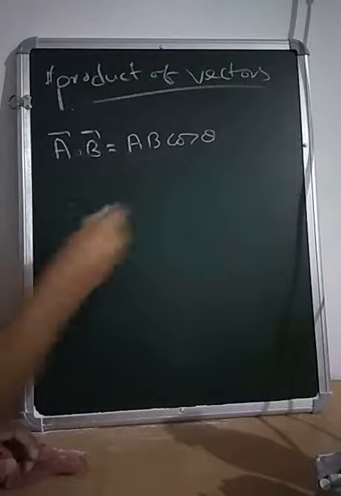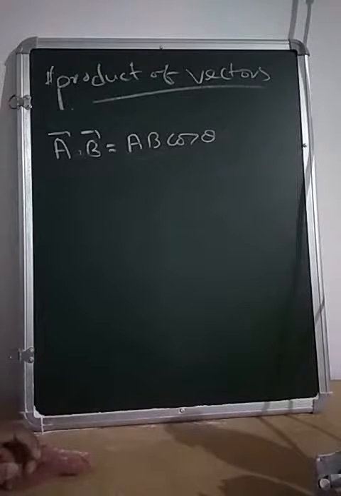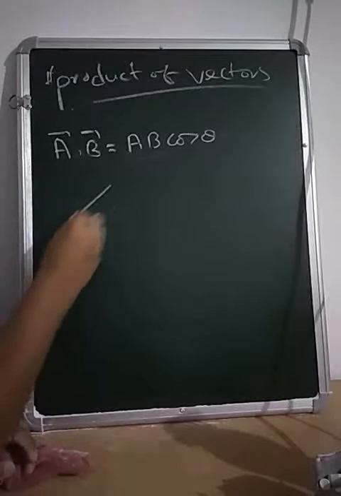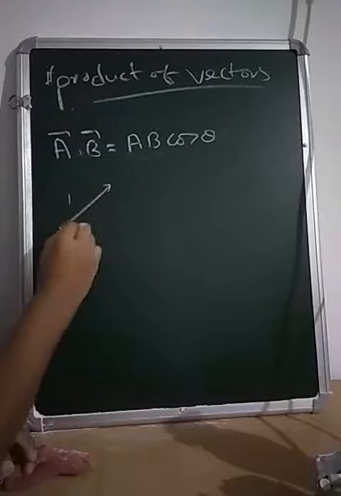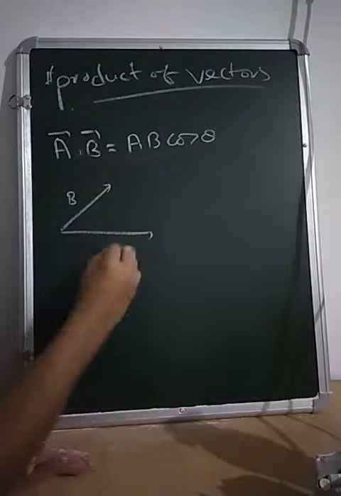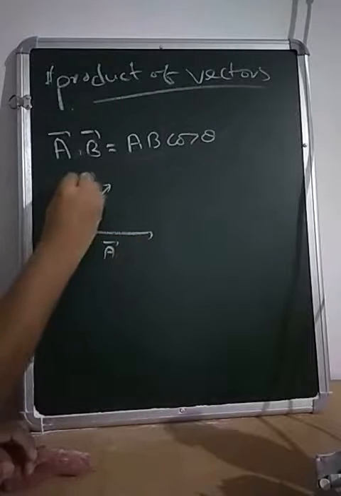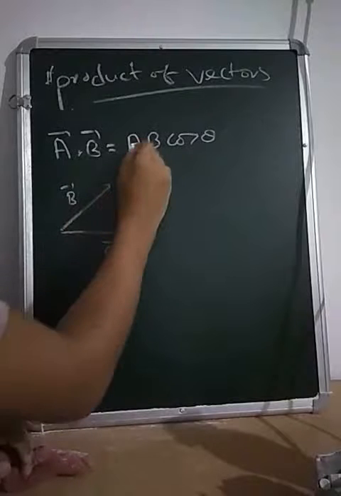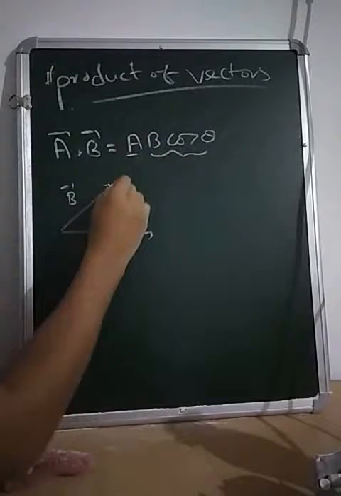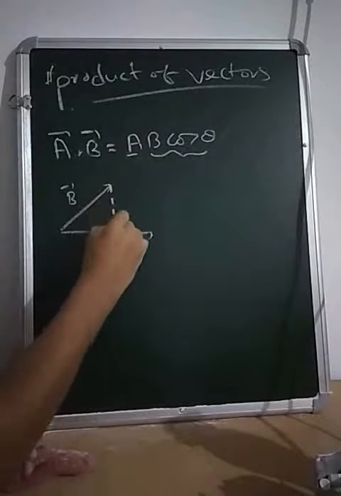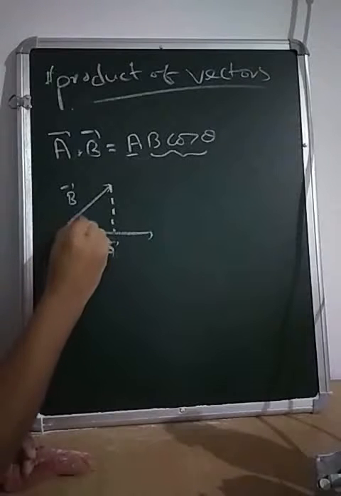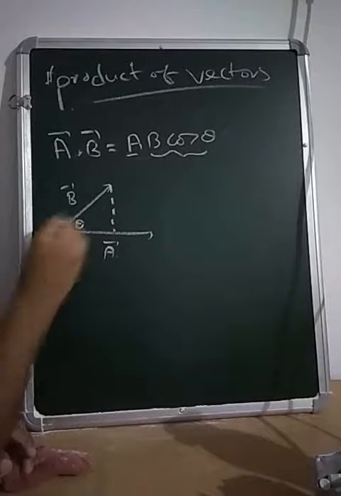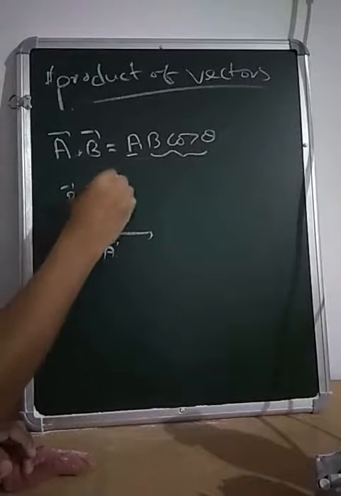Suppose this is vector B and this is vector A, making an angle theta between them.